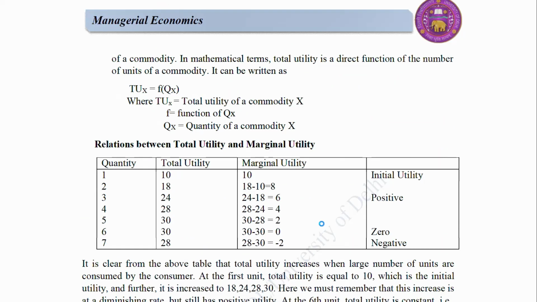In mathematical terms, total utility is a direct function of the number of units of a commodity. It can be written as total utility of a commodity X equals a function of Qx, where Qx is the quantity of a commodity X.